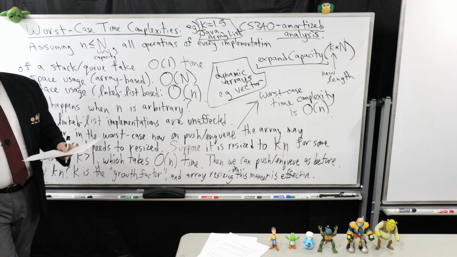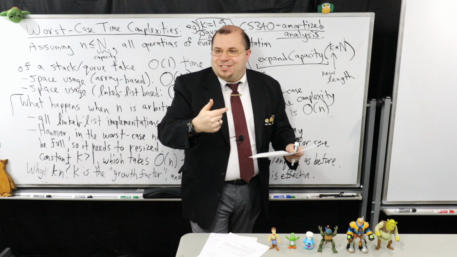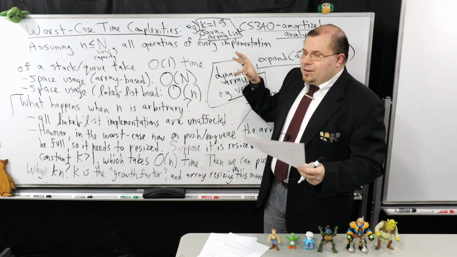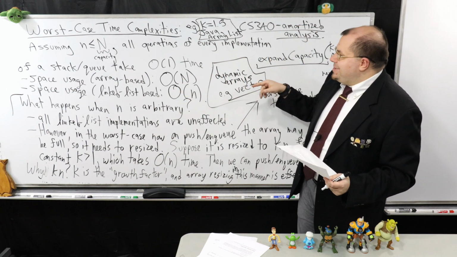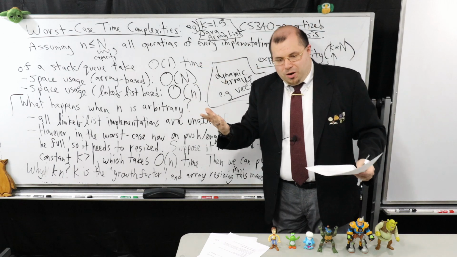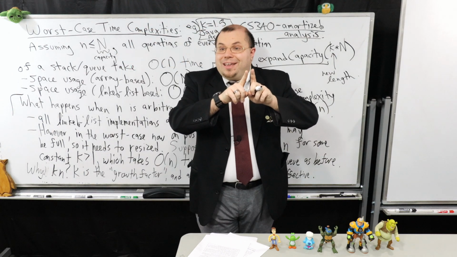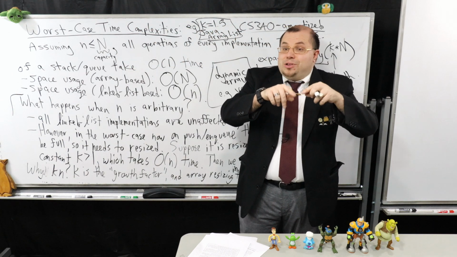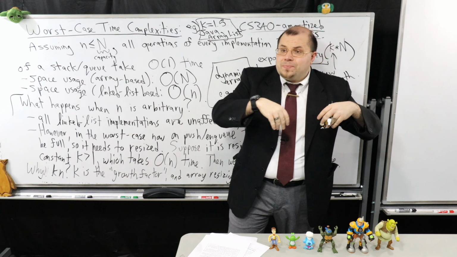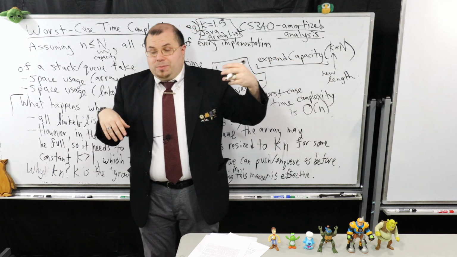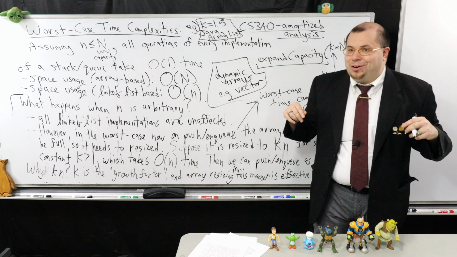Just to reiterate, somebody's asking why all operations of every implementation take constant time. Now, if you take a look at all the algorithms for all of the implementations I gave you, as I said previously, if it's an array-based one, you know exactly where you have to insert an element, so you have access to where it needs to get inserted. If you need to remove an element in the array-based implementations, you know exactly where it has to occur.